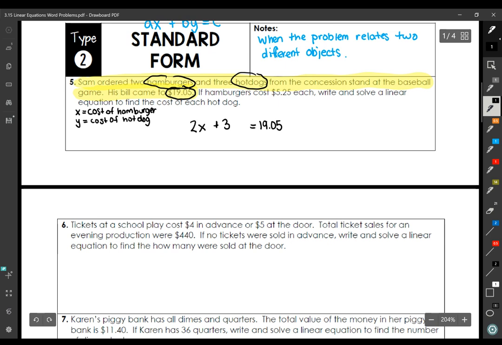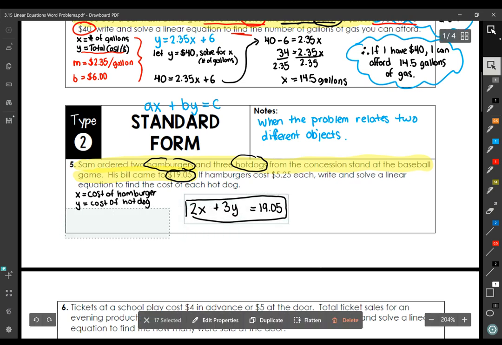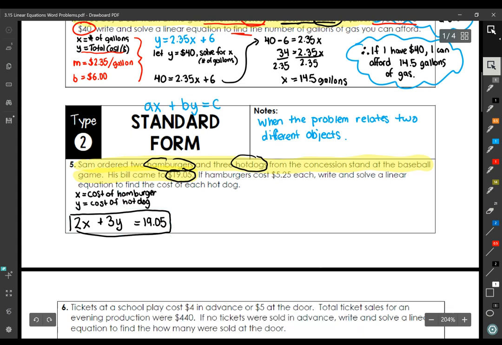So he bought 3 times the cost of a hot dog. Okay, so this is our standard form equation, right? It's in the form AX plus BY is equal to C. I'm just going to move it to the side so I leave myself a bit more space here. Okay, right? Standard form. So it's totally different problem solving.